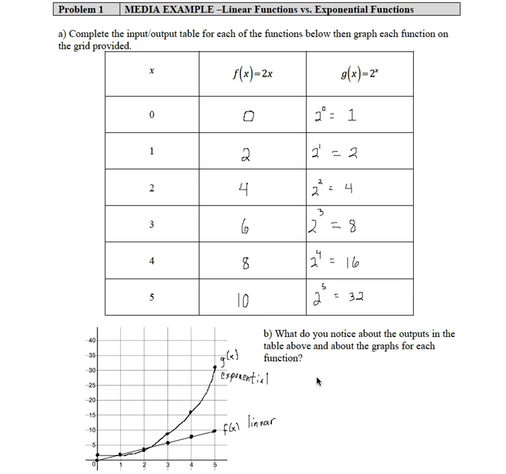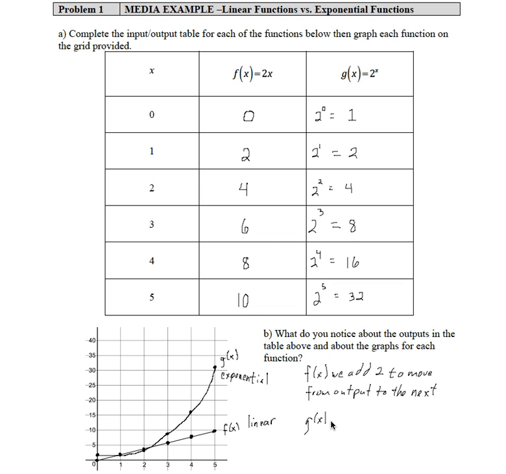And then as far as the outputs for f of x, we add 2 to move from one output to the next. So there's our additive process again for a linear function.